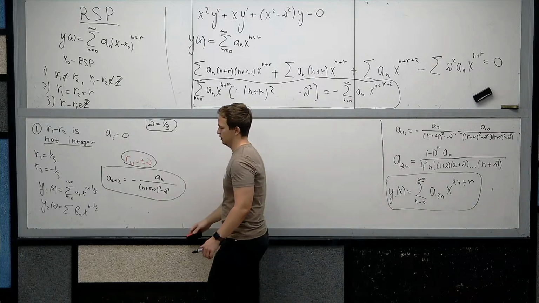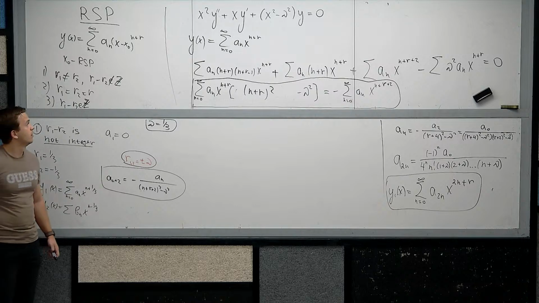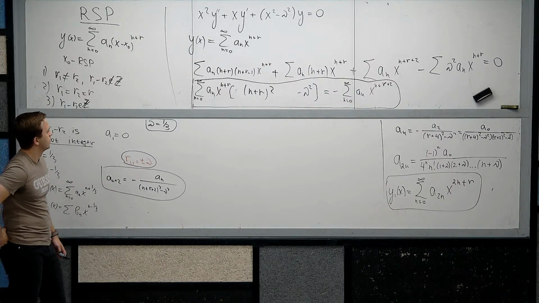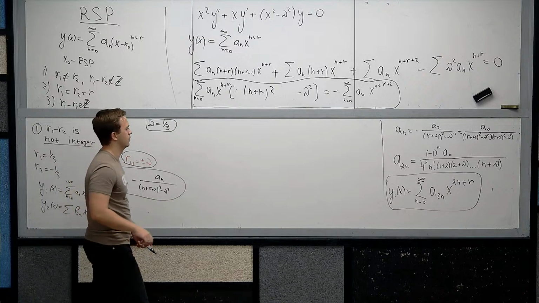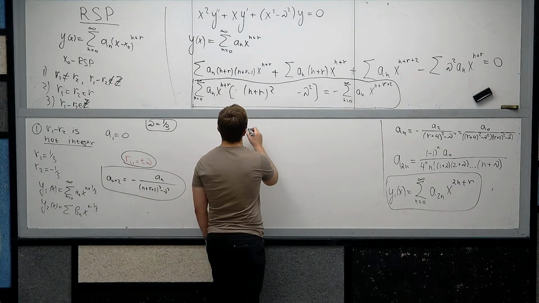By the way, in the Bessel equation, there is only one value of mu that can provide us with the second case.